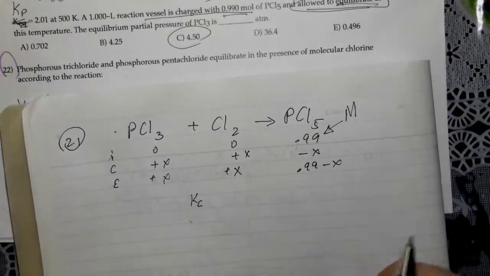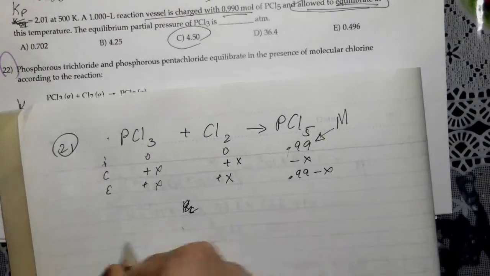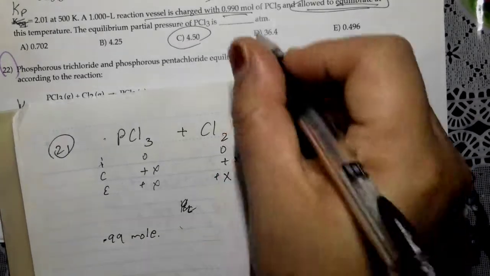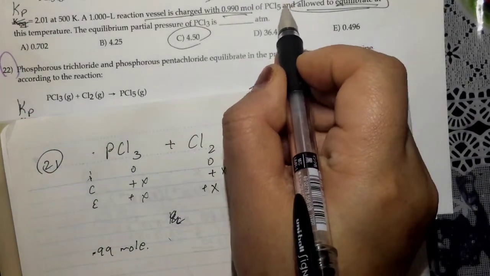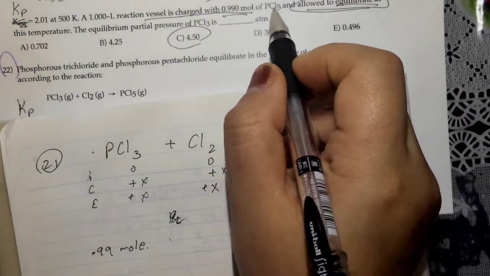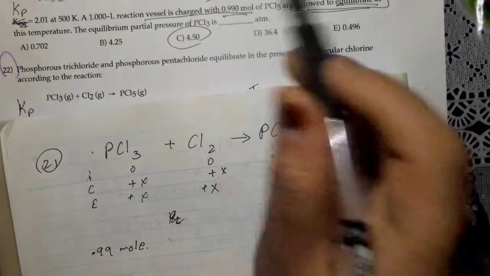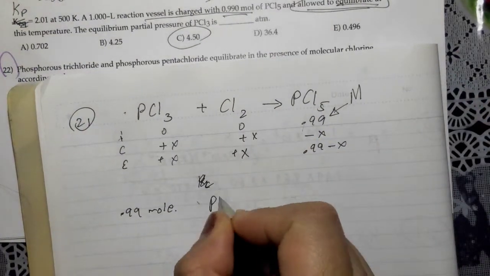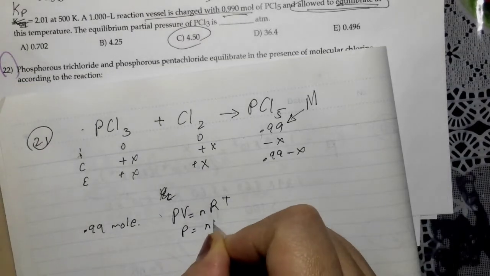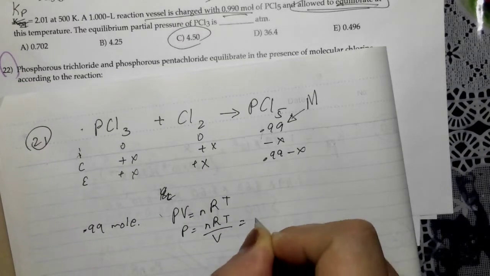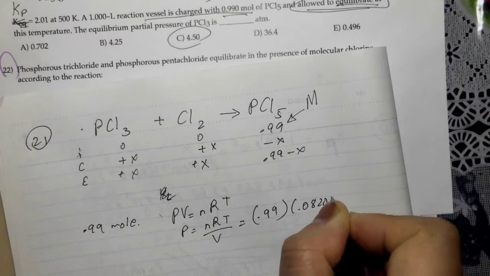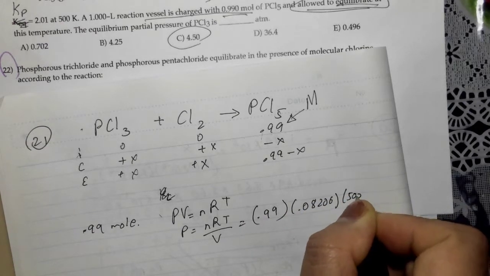So to do it in pressure, we're going to do 0.99 mole. Where does that come from? It comes from right here, 0.99 mole of PCl5. That's initial. And then we're going to use it with PV equal to nRT to find P. So P is equal to nRT over V. n is 0.99, R is 0.08206, T is 500, divided by 1.